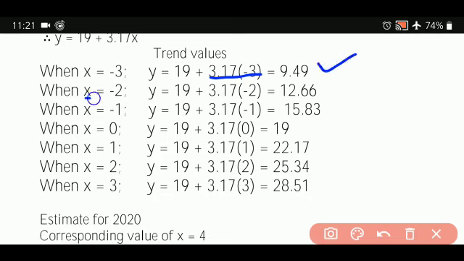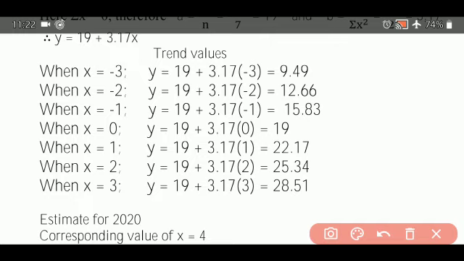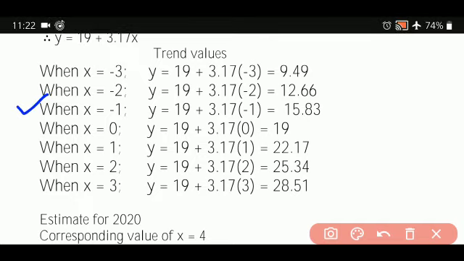Then when you put x is equal to minus 2 in the equation, that will be 19 minus 3.17 into 2. This will be a minus sign here, and then whatever value you get, you make the calculation, you get it as 12.66. Next one, when you put the value x is equal to minus 1, you substitute, you get it as 15.83.